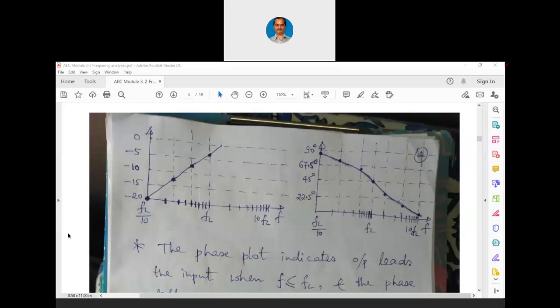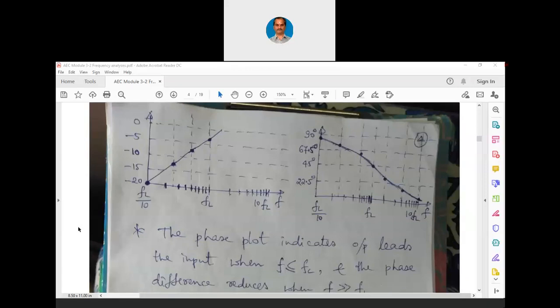So this particular plot is basically a Bode plot, and you can see that the x-axis is not a uniform scale. X-axis is not a linear scale. X-axis is a semi-log scale. We had already discussed this earlier. You can see all these minor divisions here. Otherwise, if you have to plot a linear scale, the x-axis will become much lengthier. So this is the magnitude plot and phase plot.